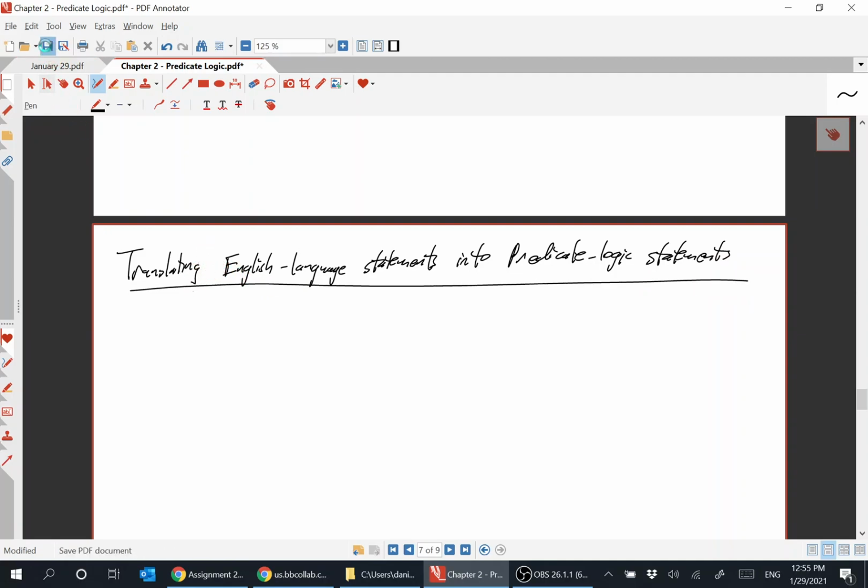Some statements in English you can use just propositional logic with.